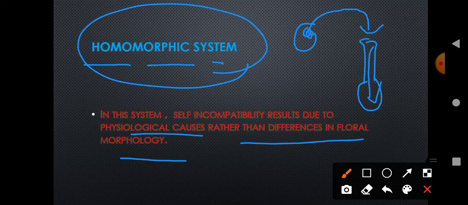And if the pollen tube is growing well, but the male gamete is going very slowly inside the style, then by the time it reaches the ovule, the ovules will degenerate. That is, these are all the physiological causes that will ultimately lead to no seed setting, right? That will ultimately ruin the whole system.